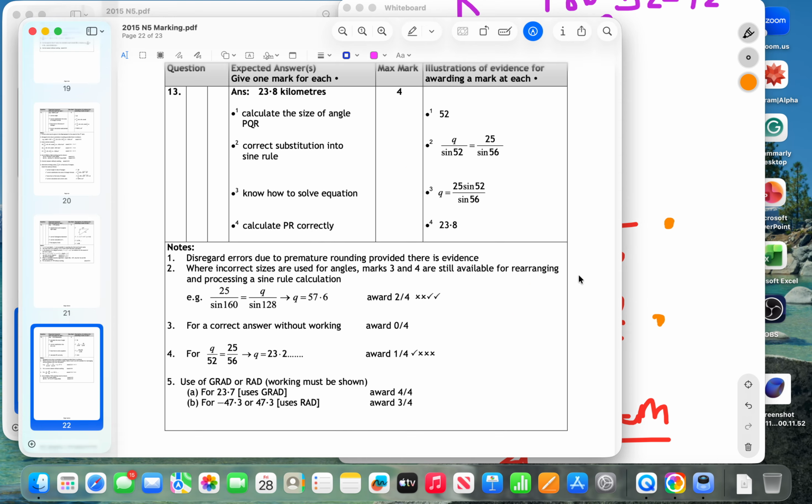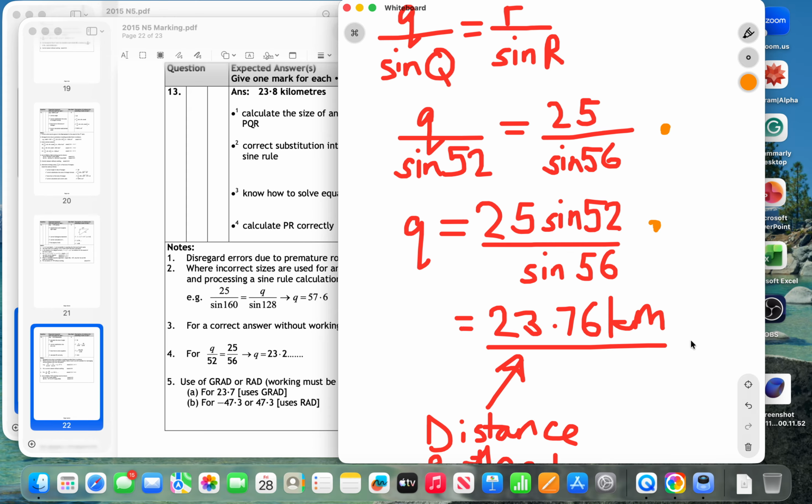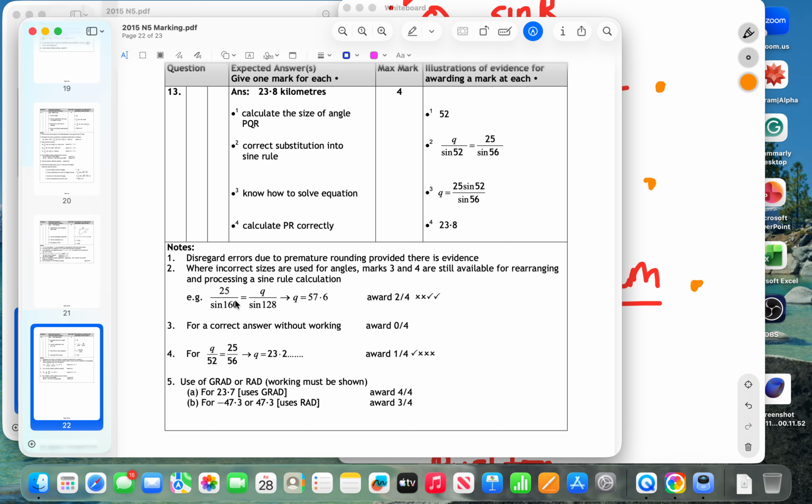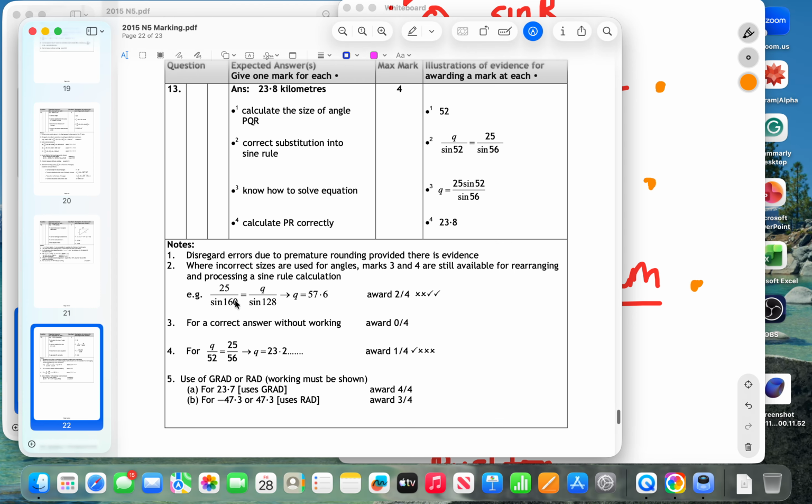And the final mark would be for this. There's nothing in the question asking us to round to anything specific, so they said 23.8 in the marking, but I used 23.76, so that's equally good. And in the notes are the common mistakes that pupils made, so you'll want to have a look at those. These are the ways that many pupils lost marks.